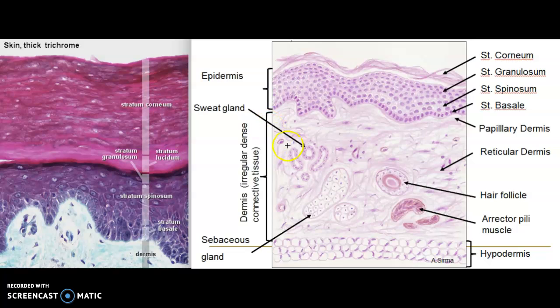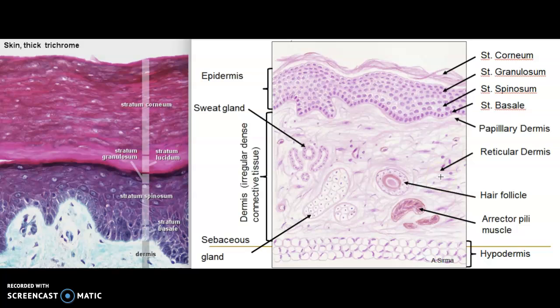Then we have the dermis layer, which is composed of dense connective tissue, and it has 2 major regions, which are the papillary layer and the reticular layer.